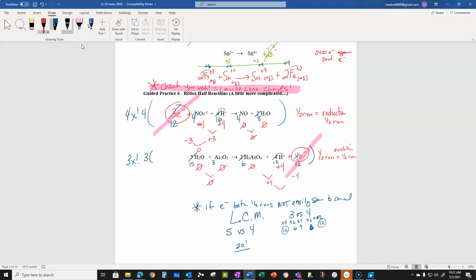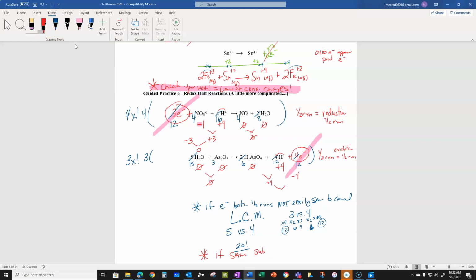Okay? So here's another thing. If the same substance appears in both half reactions, probably the word substance is better because I don't want to say compound, because it could be an ion too.